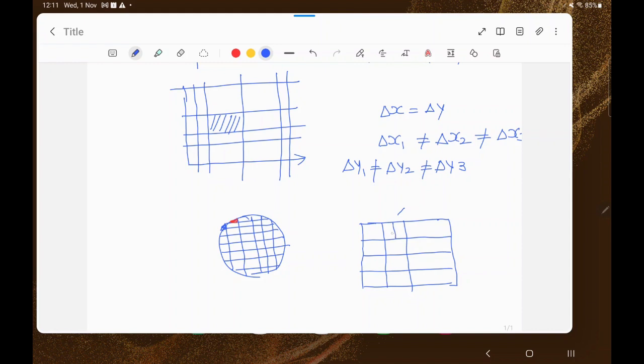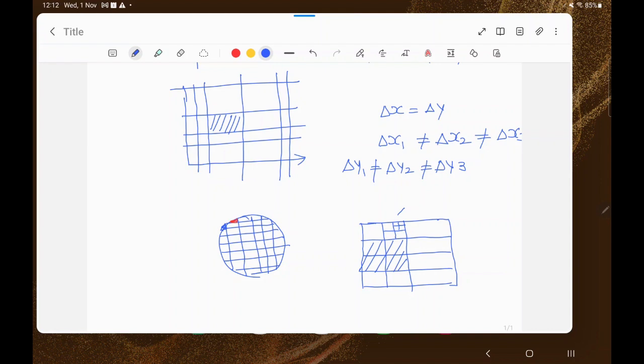I can divide it. I find this is still bigger. I can divide it further. Depending upon my need, I will reduce the size of the cell. And also, I can join the cells. These 4 cells will become one cell.